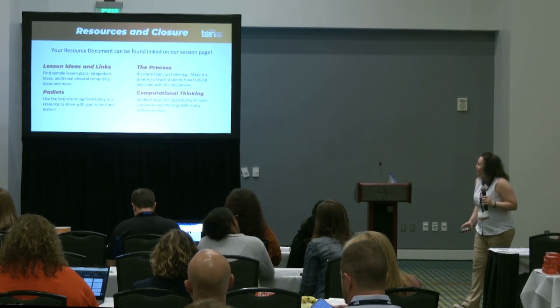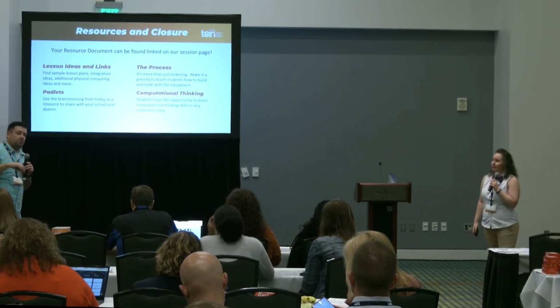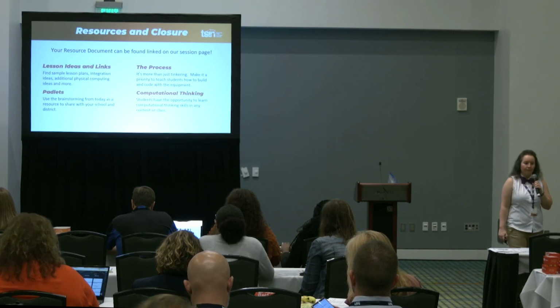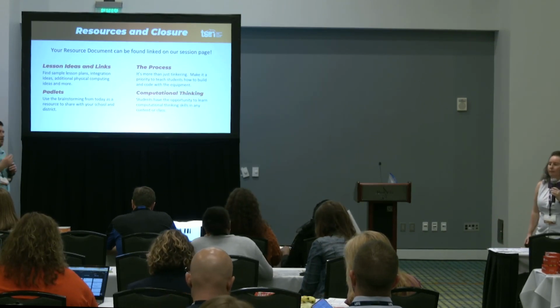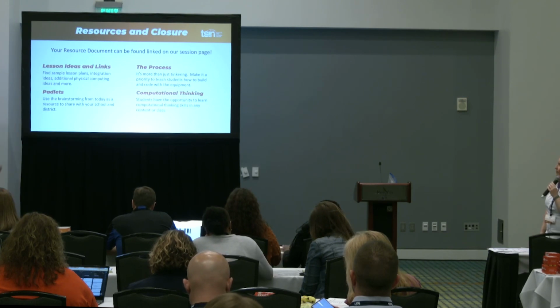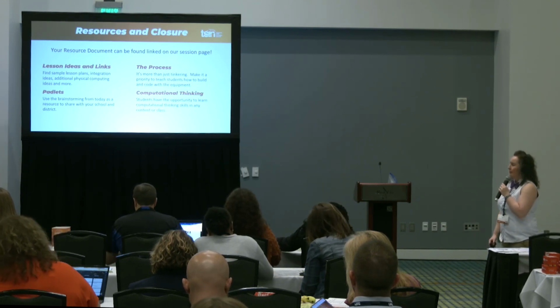And then just keep in mind to make it a priority to teach those computer science concepts while you're doing these lessons. It doesn't take a whole lot to talk about if-then statements or if-else statements while you're talking about natural selection and you're using robots to demonstrate it, right? So just make sure you're including that in your lesson.